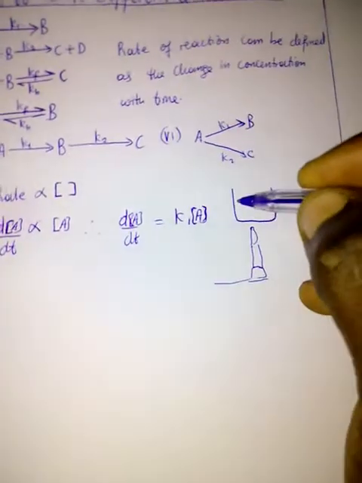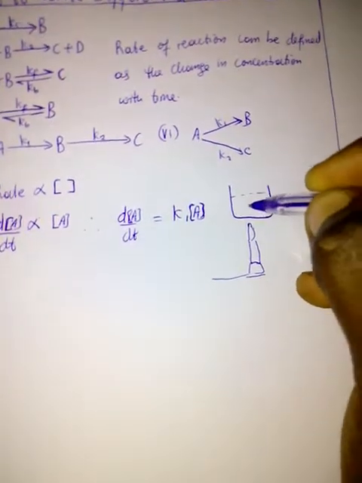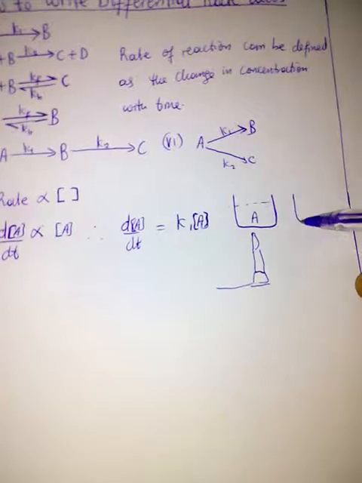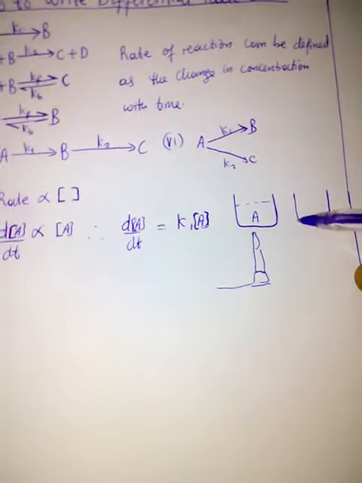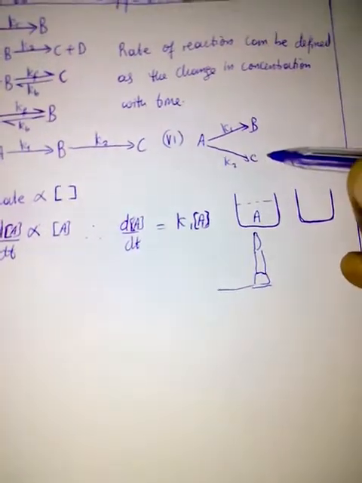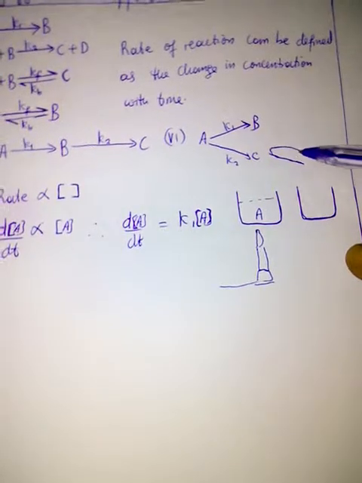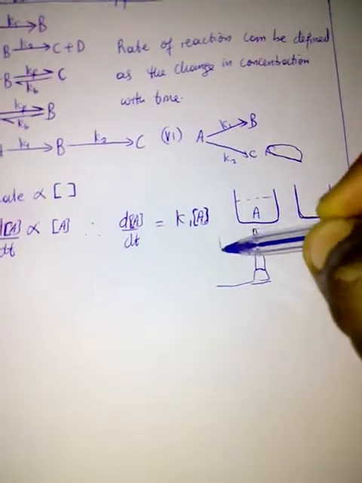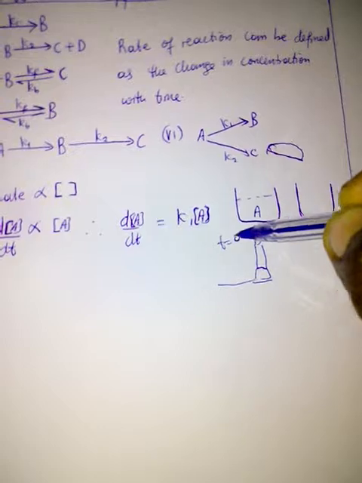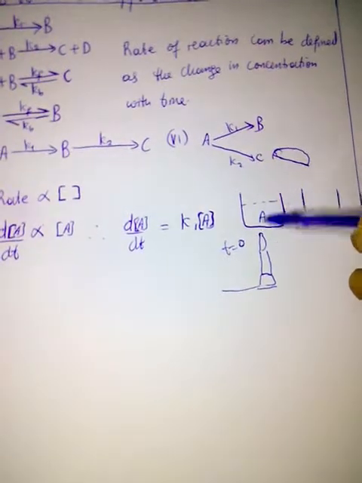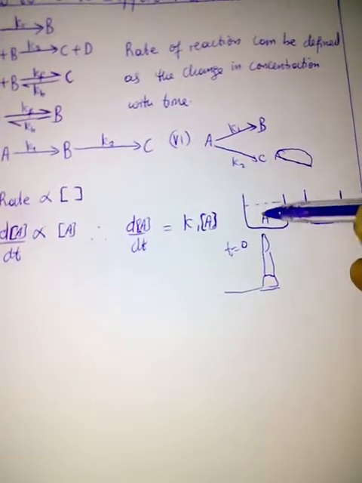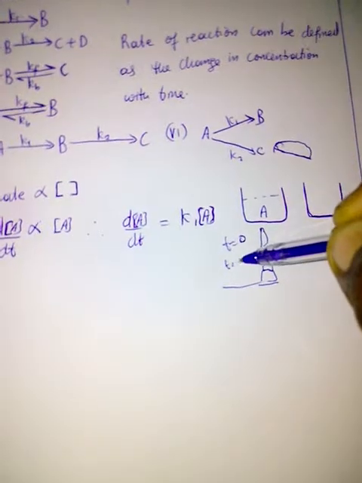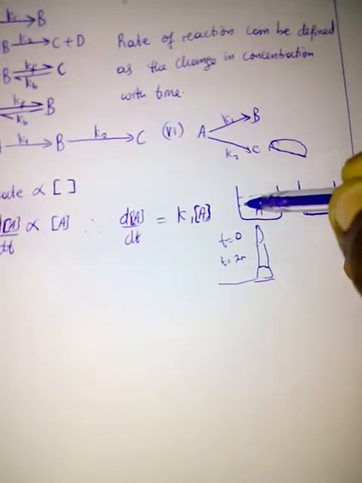At time t equals 0, when we have not started heating, the water is at this level, this is our A, and we have another cup here with a lid, a cover. At time t, let's say 2 minutes, the water would have reduced to this size.